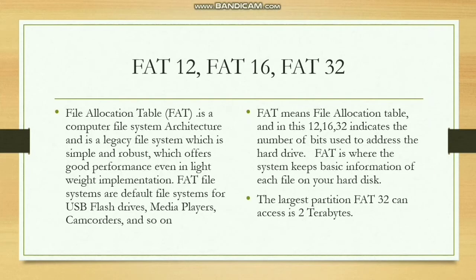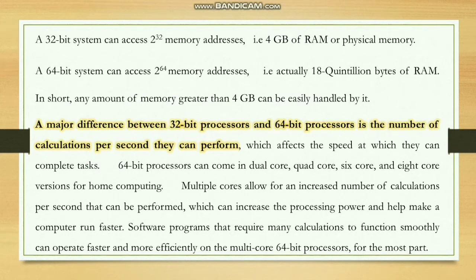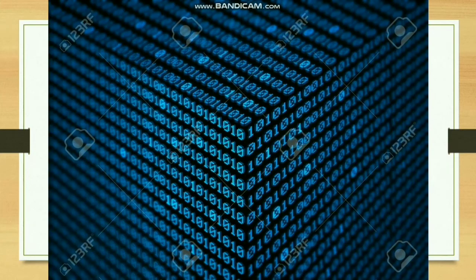So the English language is being converted to machine language with the help of an interpreter. So we are studying the basics of machine language, ones and zeros, how an interpreter converts a high level language to a machine language of ones and zeros.